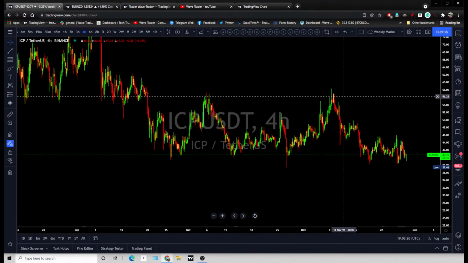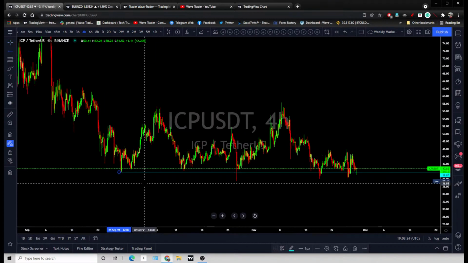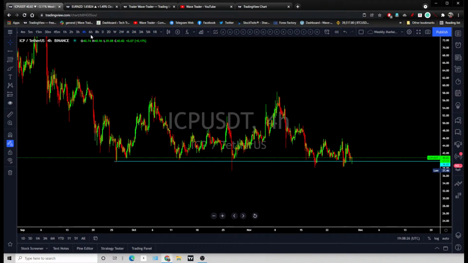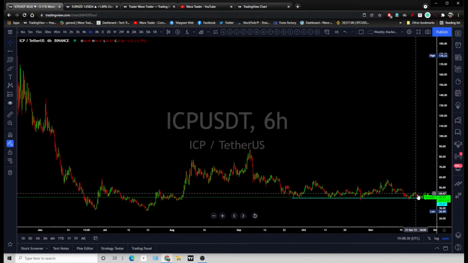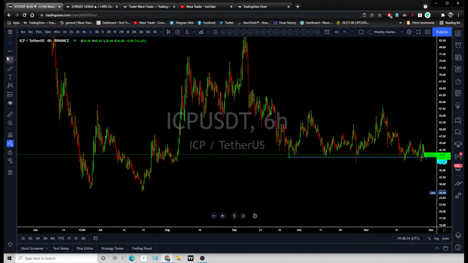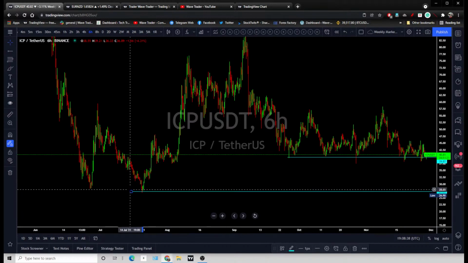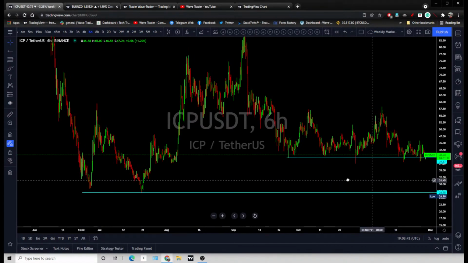Okay, short term, what is the way to trade on these coins? Price is just sitting over there. We use support, the support which is being held very strongly. The first support is the $40, and the last one on this chart is the 26.